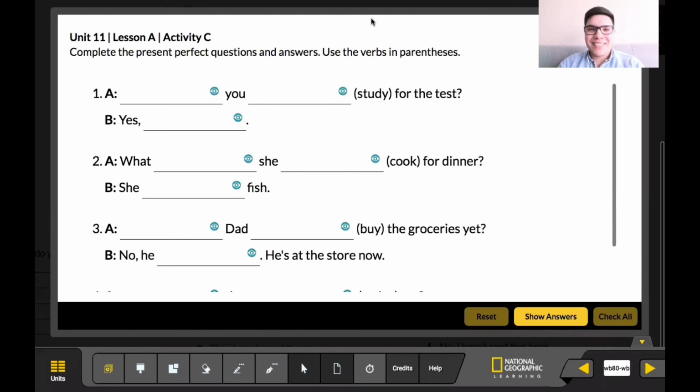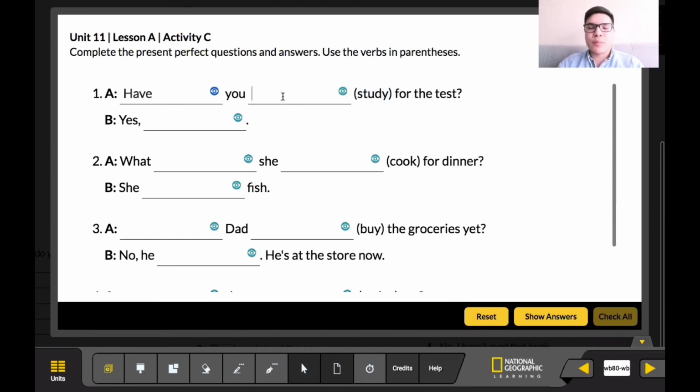Now, let's practice. We're going to do our first exercise. We have number 1. We have the word you, and in parentheses we have the word study. You study for the test. We know that we have you, and it's a question. So we have to put, have you study?